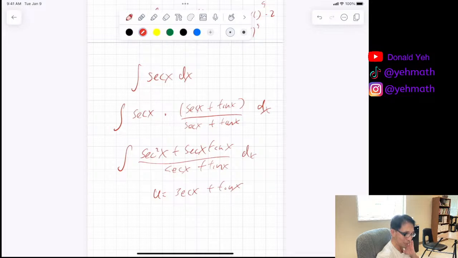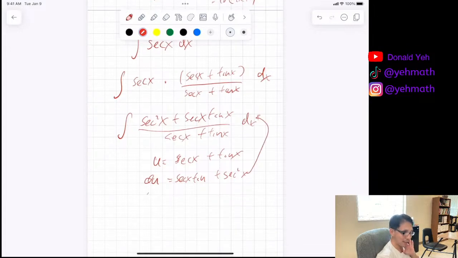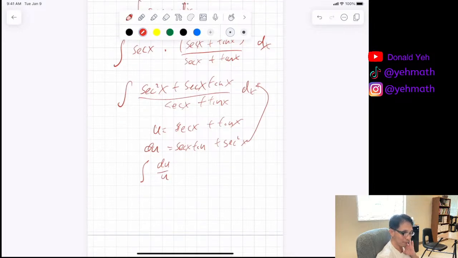The numerator is secant squared of x plus secant x tan x, which is du, so it's the integral of du over u, which is the natural log of secant of x plus tan of x, plus c.